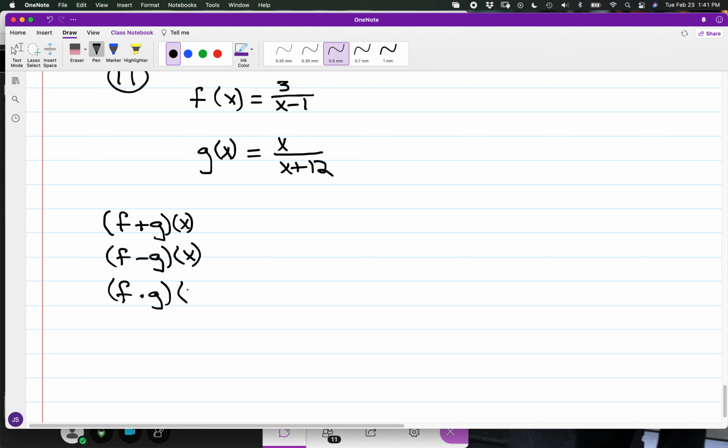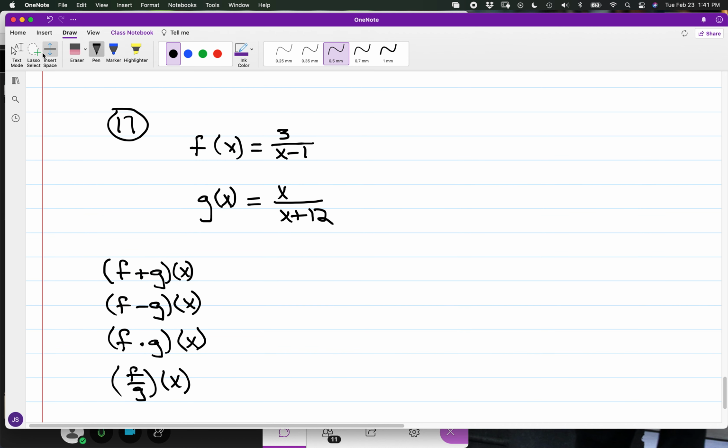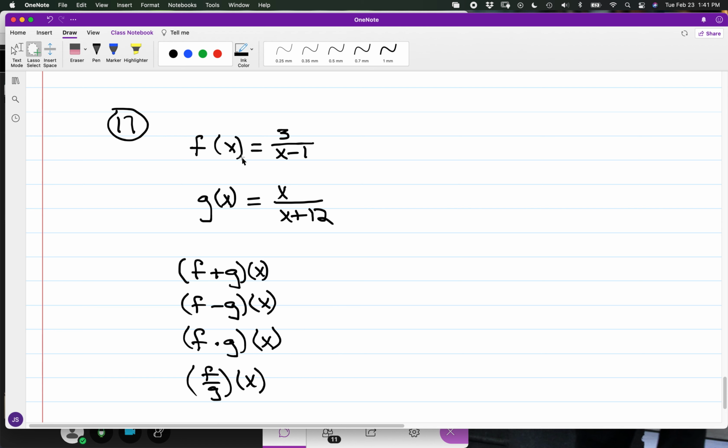So just look into these first 4 parts, for the individual functions f of x and g of x. Now for f of x to be defined, we cannot have a 0 denominator, so x minus 1 cannot be 0.